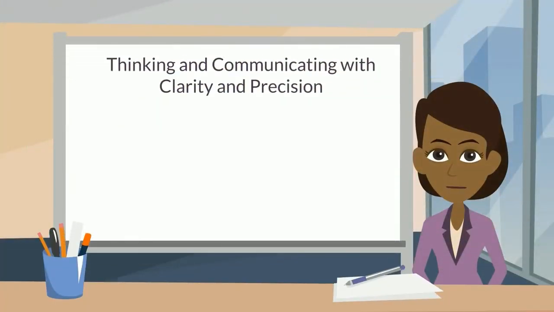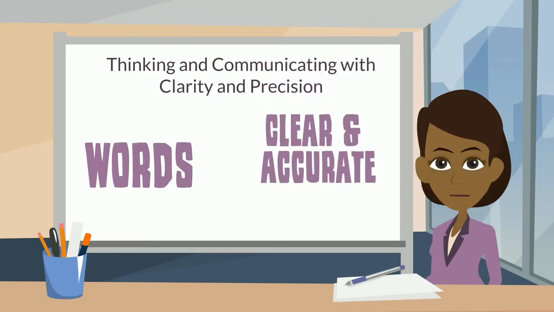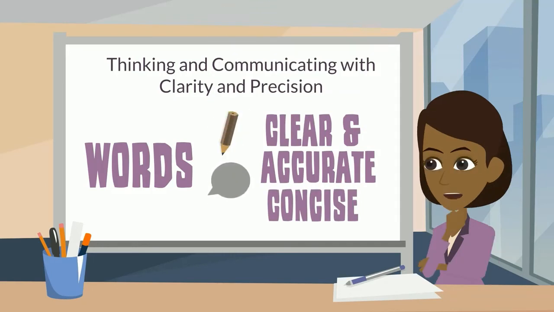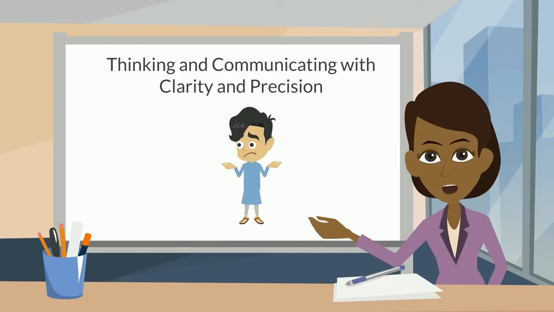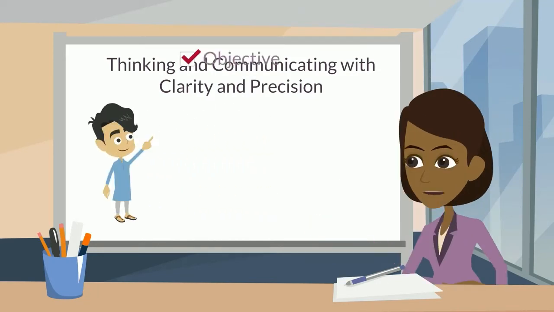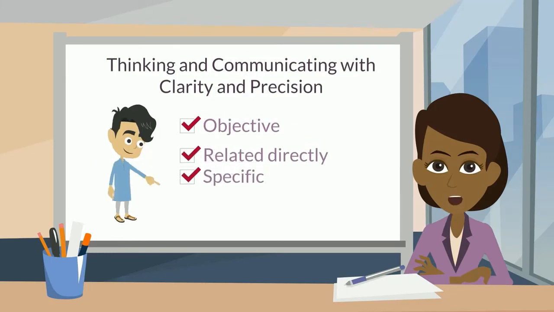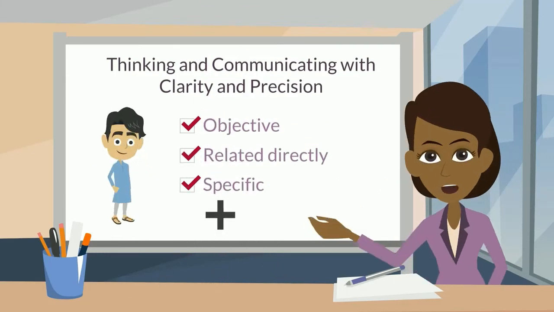The habit of thinking and communicating with clarity and precision is about selecting the appropriate words, which is essential when implementing peer assessment. The goal is to be clear and accurate, yet concise, whether providing feedback in writing or verbally, while trying to avoid hurting another student's feelings. To do this, feedback should be objective, related directly to the work being assessed, and specific, whether it is positive or negative.